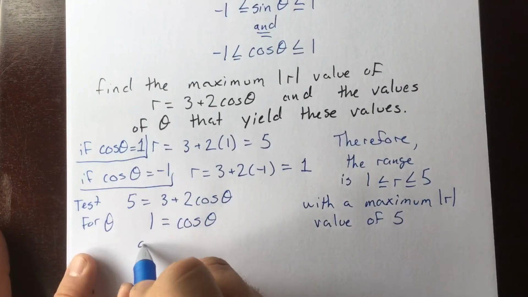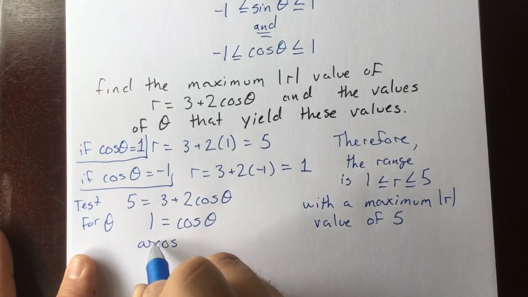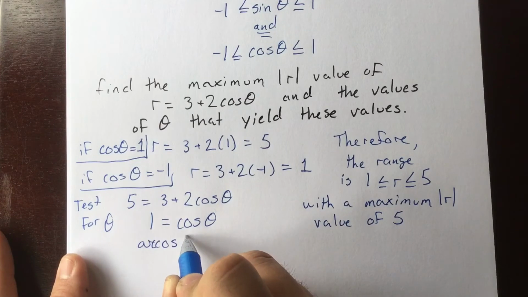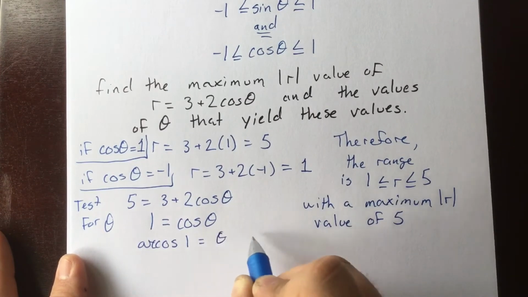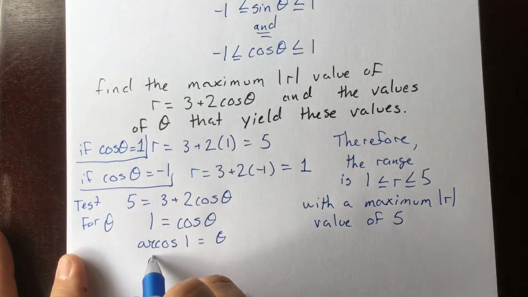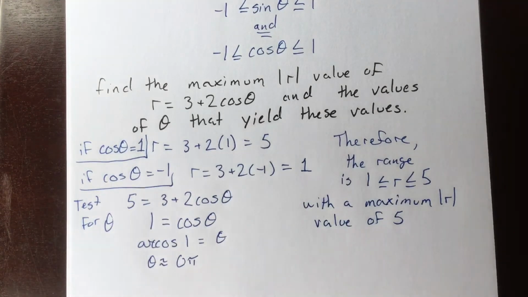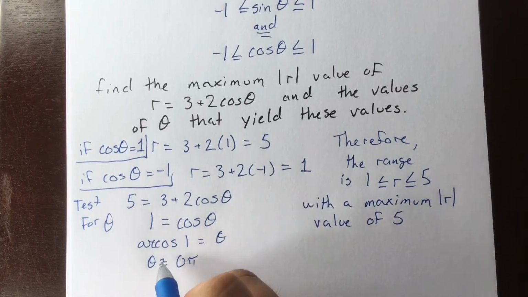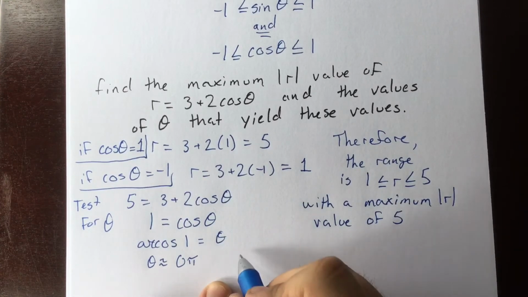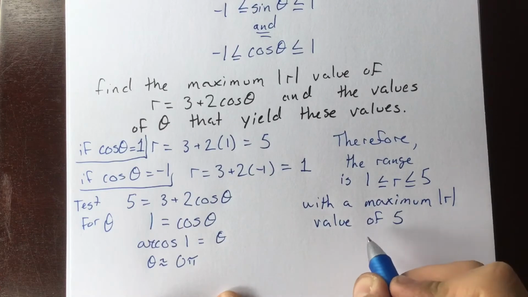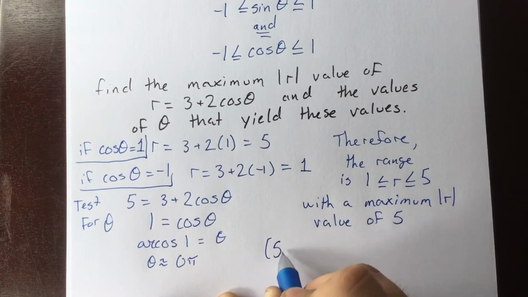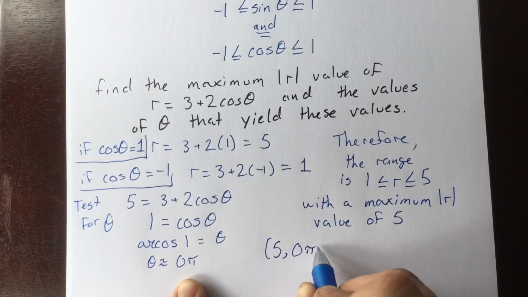So taking the arc cosine of 1, that would give us theta to be 0 or 2 pi. So since theta is 2 pi, our point is going to be 5 comma 0 pi.